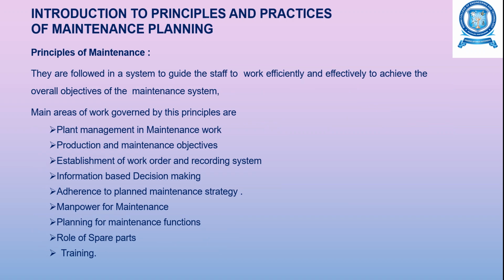The main areas governed by these principles are planned maintenance in maintenance work, production and maintenance objectives, establishment of work order and recording system, information-based decision making, adherence to planned maintenance strategy, manpower for maintenance, planning for the maintenance functions, role of spare parts, and training. These are all the principles of maintenance, which are very, very important.